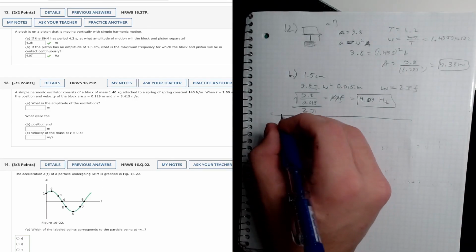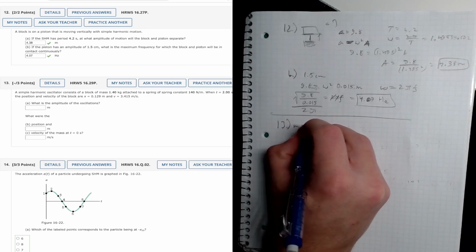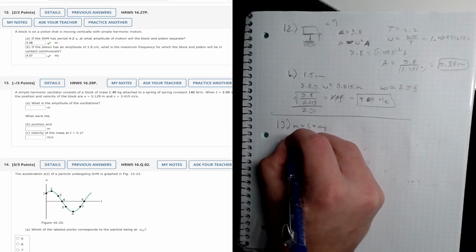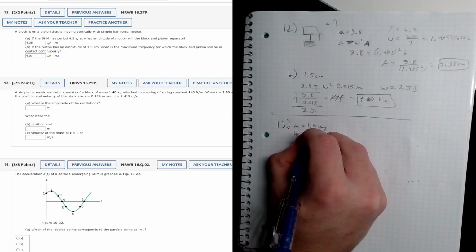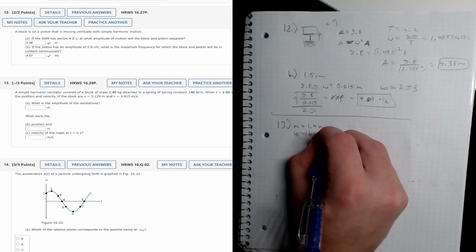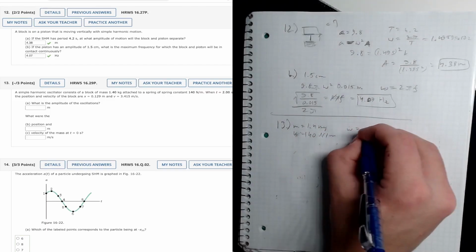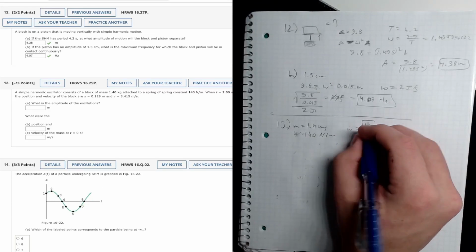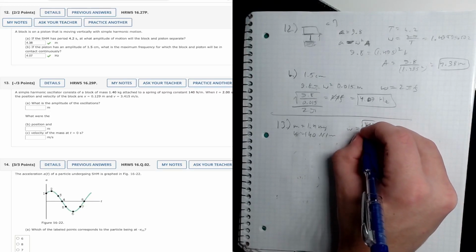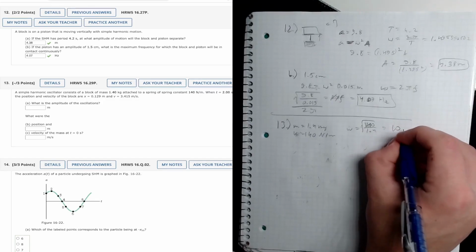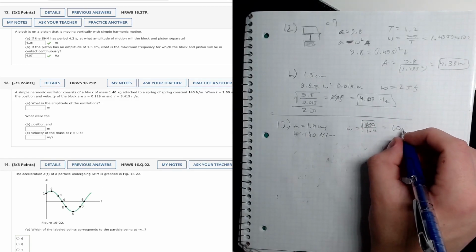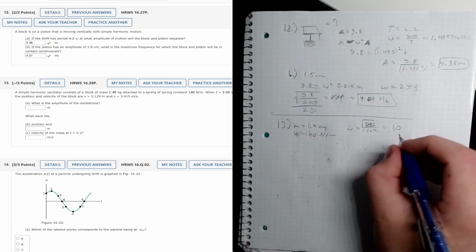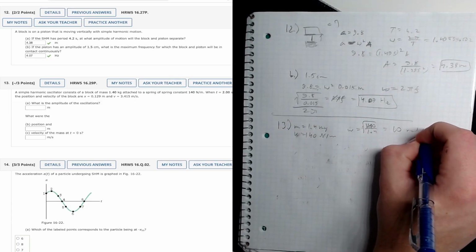So we know the mass equals 1.4 kilograms. We know that the k value is 140 newtons per meter. If we're asked for a w value, it's going to be the square root of k over m, which is the square root of 140 over 1.4, which is going to be 10, because it's the square root of 100. 10. That's the angular frequency, radians per second.